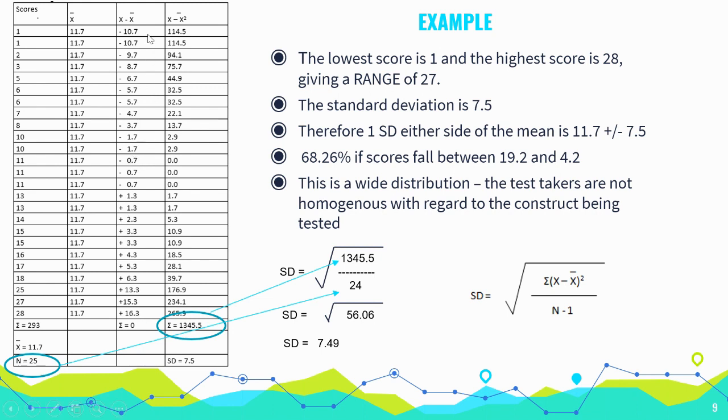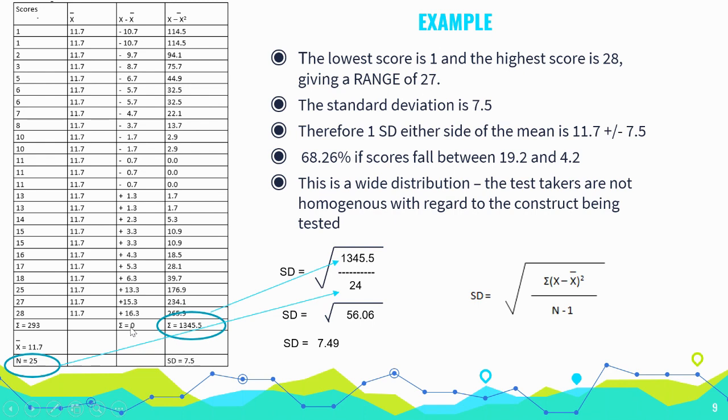Now the interesting thing here is that if you add all of these up, all of the minuses will be exactly the same as all of the pluses. So if you sum that column, you will always get 0.